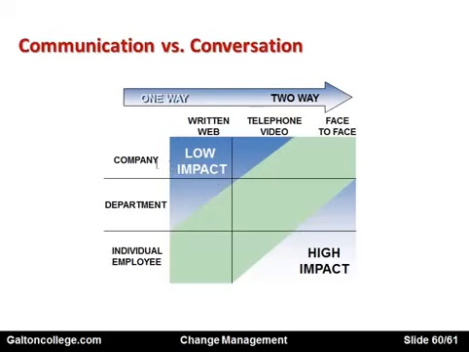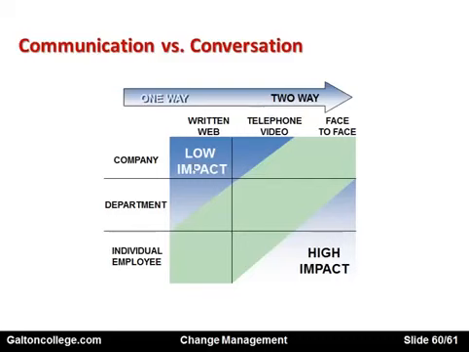And the company, for example, might use the web, or it might use the intranet to communicate. Very low impact because people have to read it and it's not making a big impact on anyone.